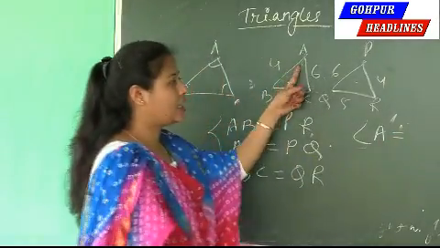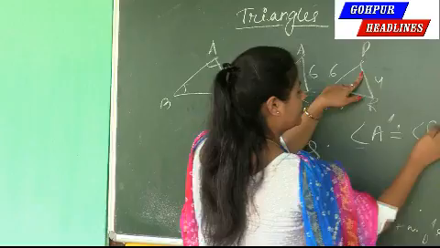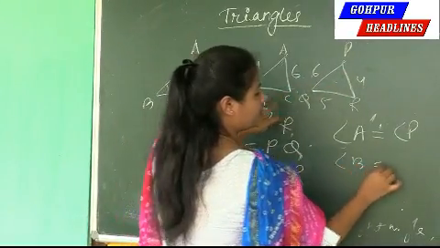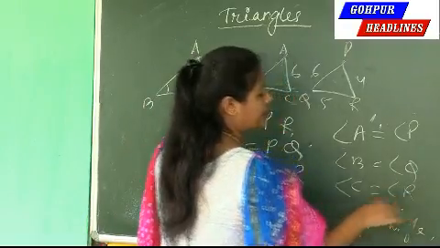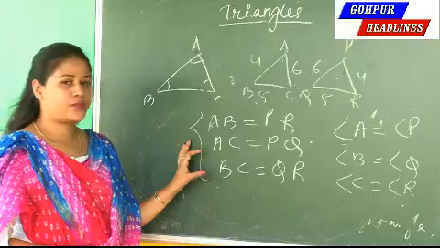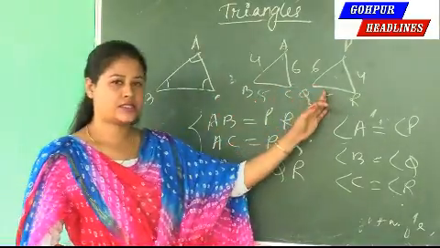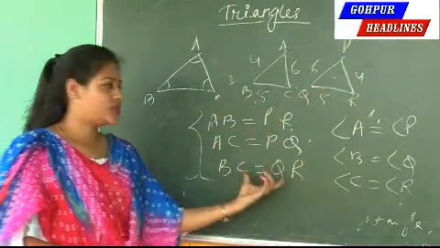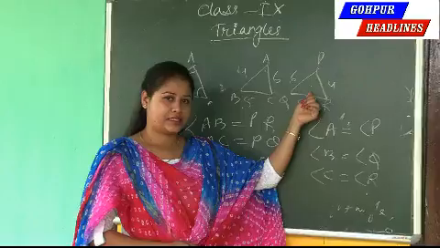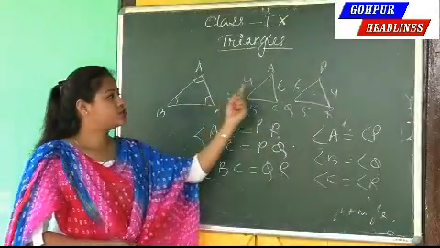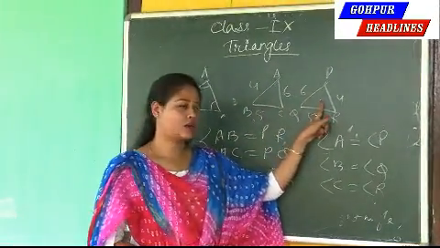That means angle A equals angle P, angle B equals angle Q, as well as angle C equals angle R. If all the corresponding sides of the two triangles are equal, as well as all the corresponding angles of the two triangles are equal, then we can write that the two triangles are congruent.